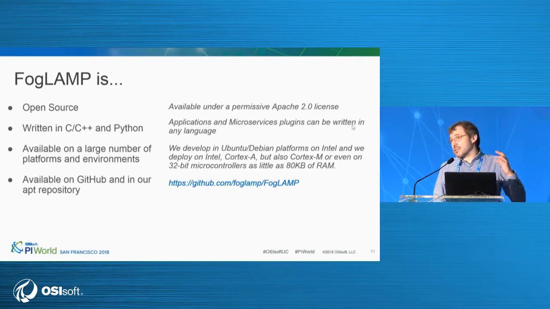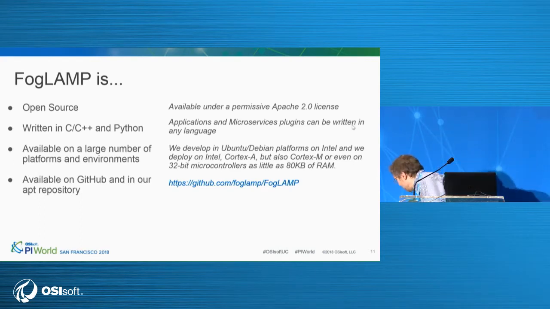Some of them are very simple, and can be only a few lines of Python combined together with other more complicated and sophisticated ones, usually written in C. And we already have this platform available on a large number of systems, on Linux, mostly Ubuntu and Debian, but we also have versions on CentOS and Red Hat, and on architectures like, clearly, Intel or ARM Cortex-A and Cortex-M processors. And we can run on very, very small systems.